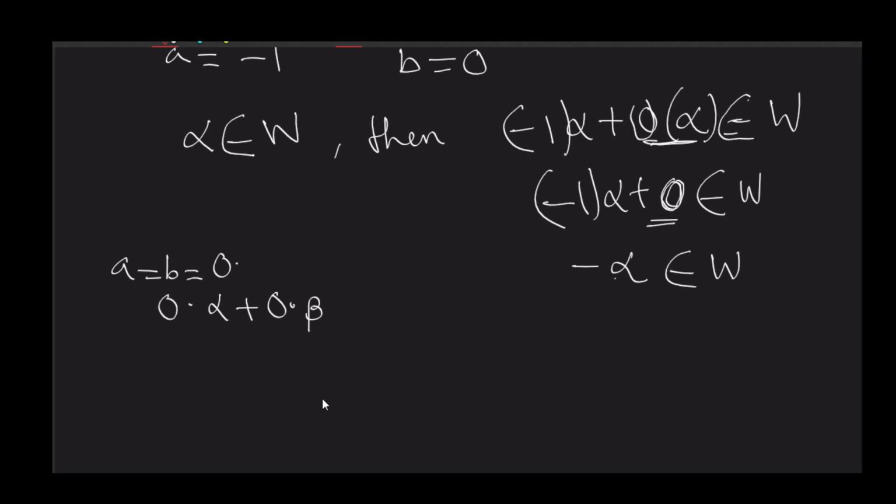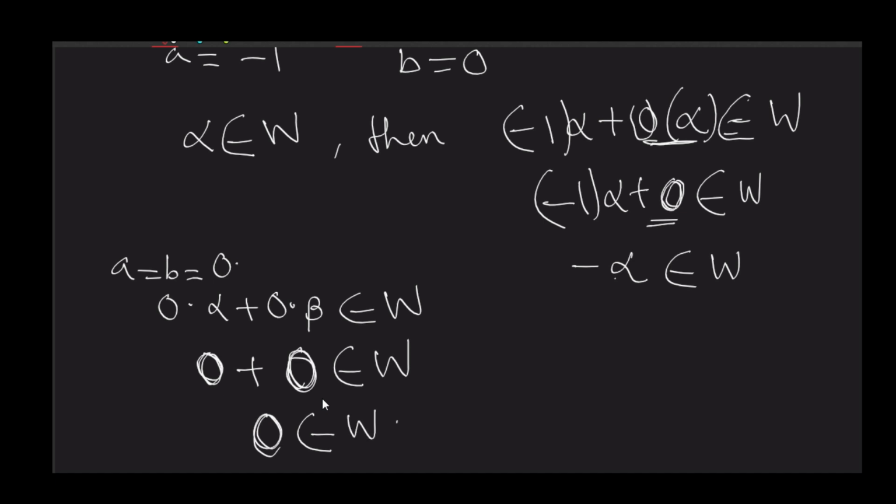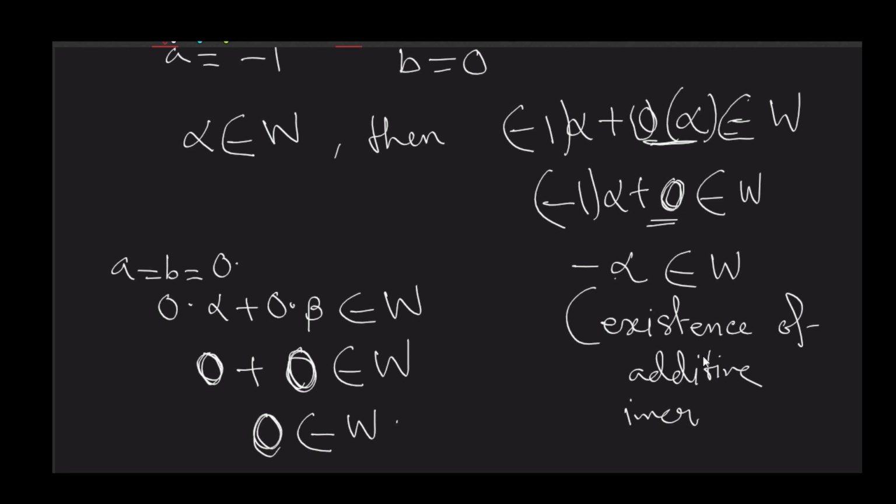So this belongs to W. Now this can be written like so. Here we prove the existence of additive inverse, and here we prove the existence of additive identity.